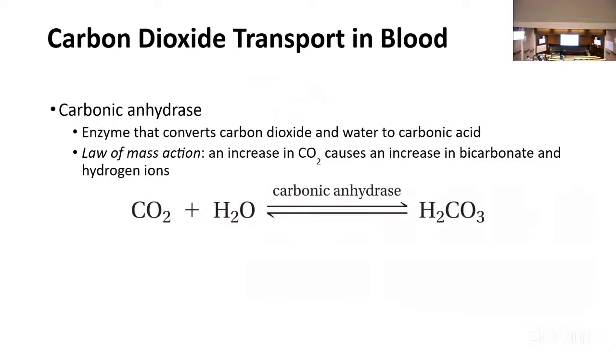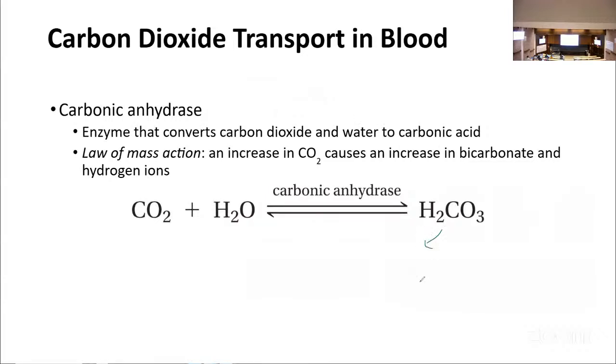And the more carbon dioxide you have, the more this is going to happen and the more carbonic acid you're going to create. From here, we would then be peeling off our hydrogen ions and leaving ourselves bicarbonate as well.